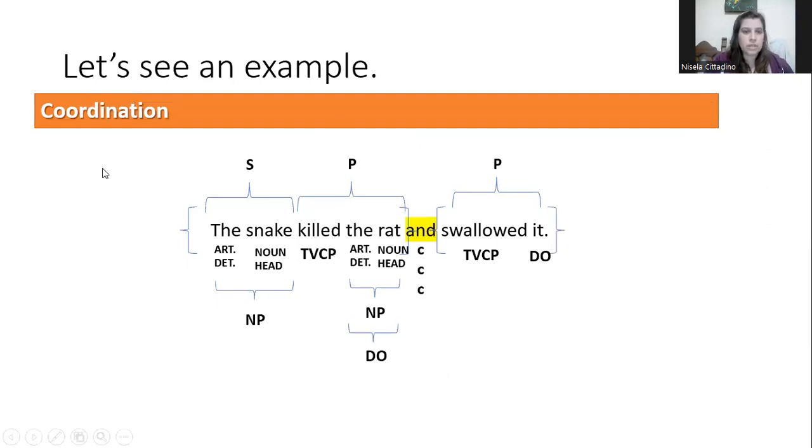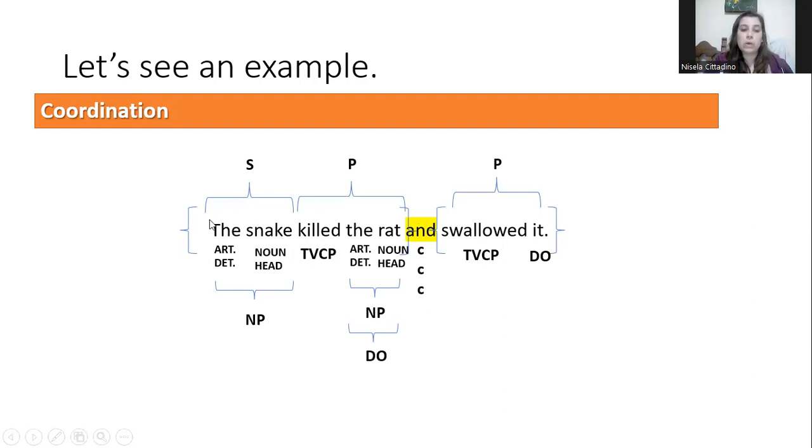For coordinating conjunctions, we put brackets at the beginning of each clause. We need to identify the clause. The clause, remember, is the subject and the verb, or only a verb. It's divided by, in this case, and, which is the cumulative coordinating conjunction.